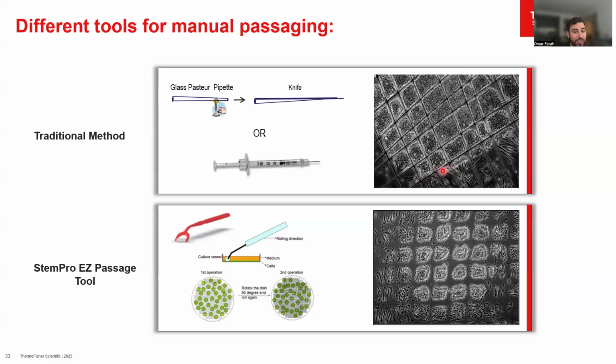That being said, there are tools that are commercially sold as well. This is just one example, the Easy Passage tool. This tool is basically a roller that has a bunch of needles across the entire roller, where you can typically just take the roller, put it on your plate, and run it one time to make this first set of parallel lines, and then rotate your plate and do it one more time to get the cross stitch, or the cross hatch here, right?